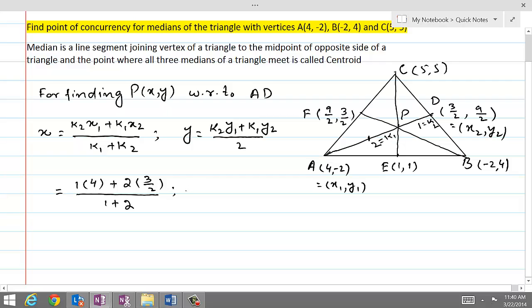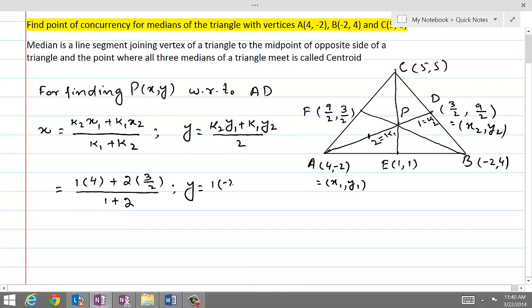And here y is similarly found: k2 is equal to 1 times y1, which is minus 2, so minus 2 plus k1, which is 2, times 9 by 2, divided by 1 plus 2.